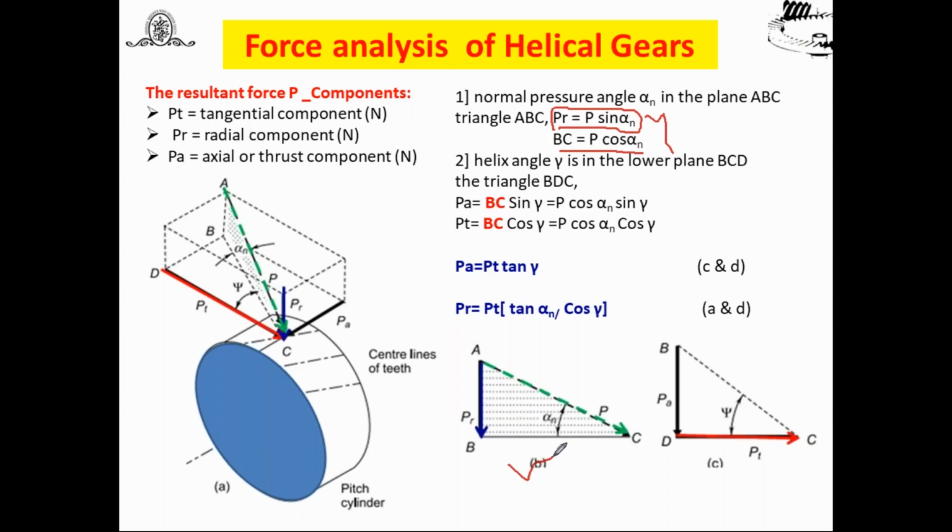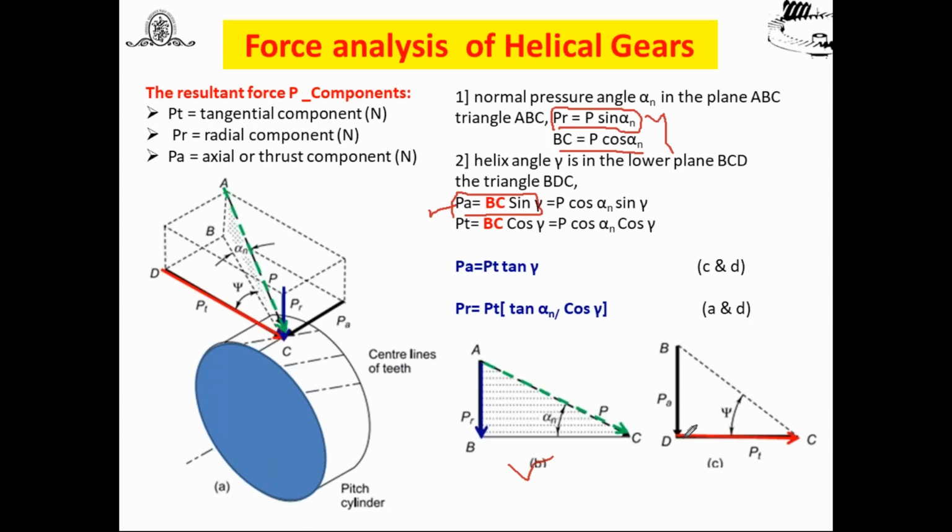Then similarly, considering the lower plane, the triangle BDC, here PA is equal to BC sine gamma. Just use the geometry.